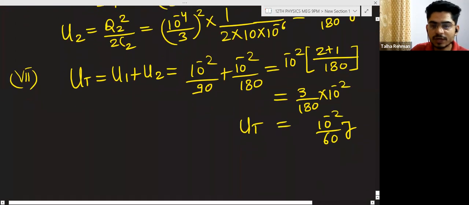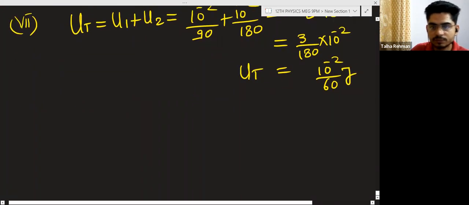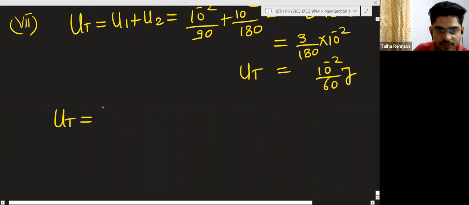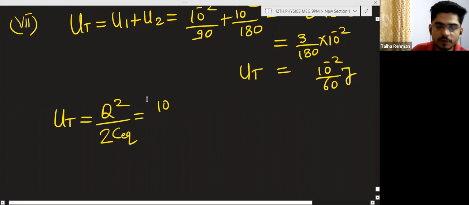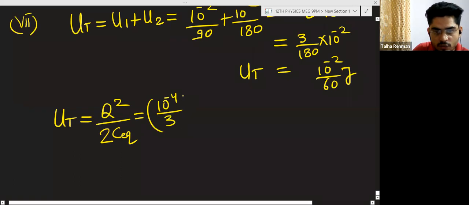Or total energy you can calculate by some other method also. If you want to calculate total energy, you should not do this. You should do like this. Charge square, charge is same, divided by 2 times of C equivalent. Now put the value of charge. What is the value of charge? 10 to the power minus 4 by 3, square, into 1 upon 2 into what is C equivalent?